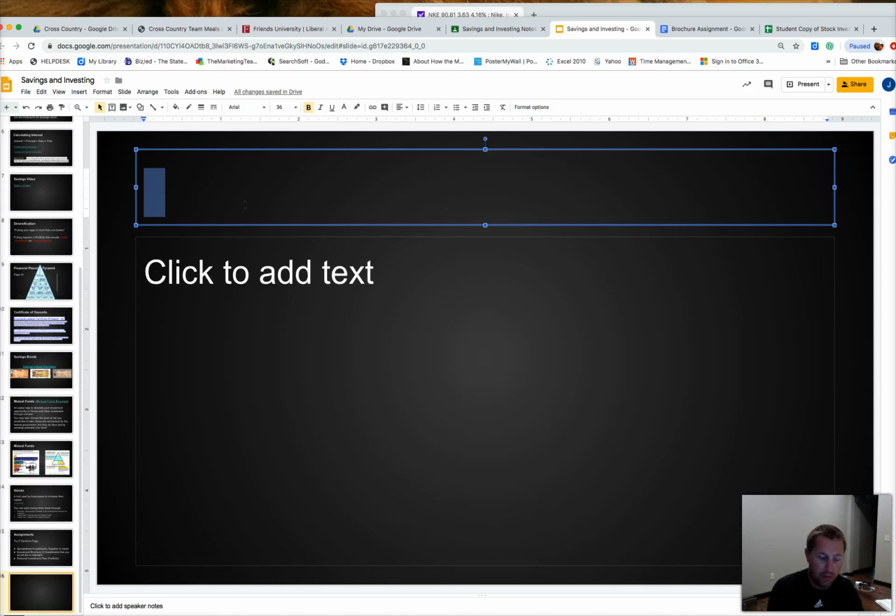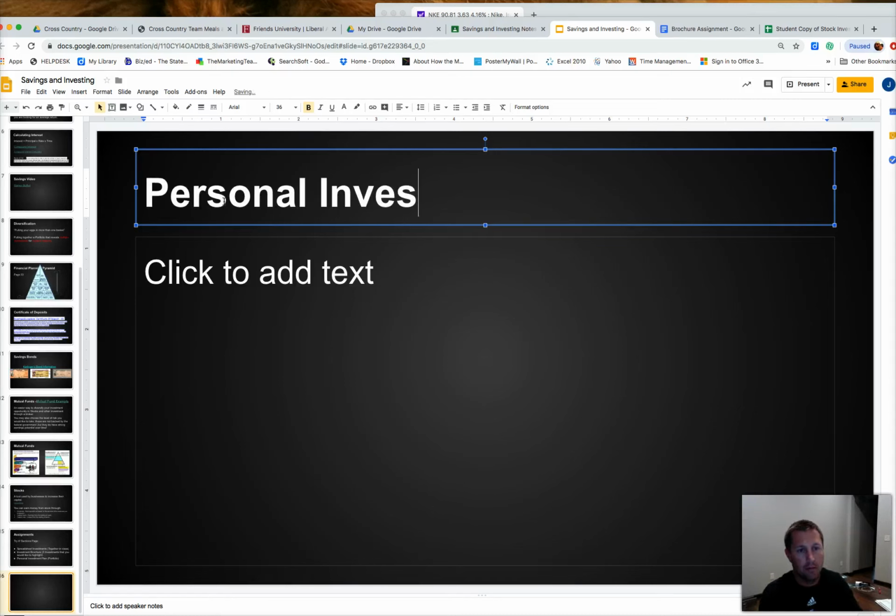What investment decisions are you going to make to make yourself more comfortable, let's say, in the future? So write those down here. You can call this your personal investment plan. And that could include stocks.